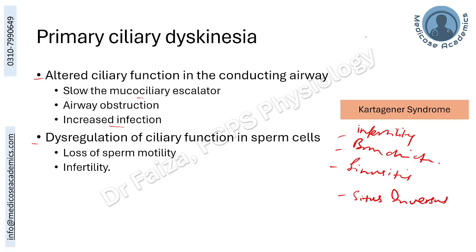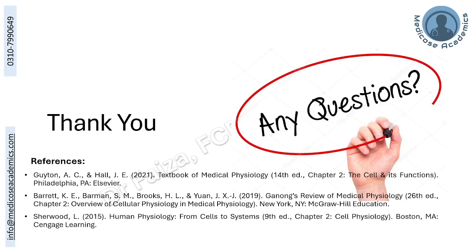For example, the apex of the heart, rather than being on the left side, will be towards the right side, and the liver, spleen, and each and every organ would be in the mirror image of its original. So this combination is known as Kartagener syndrome. So that's all about cellular locomotion. Thank you.